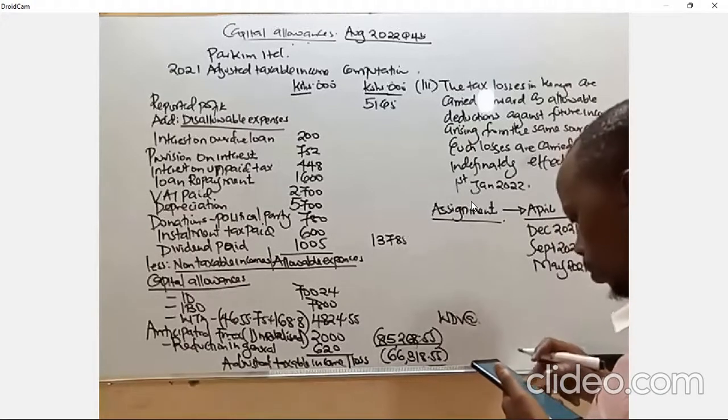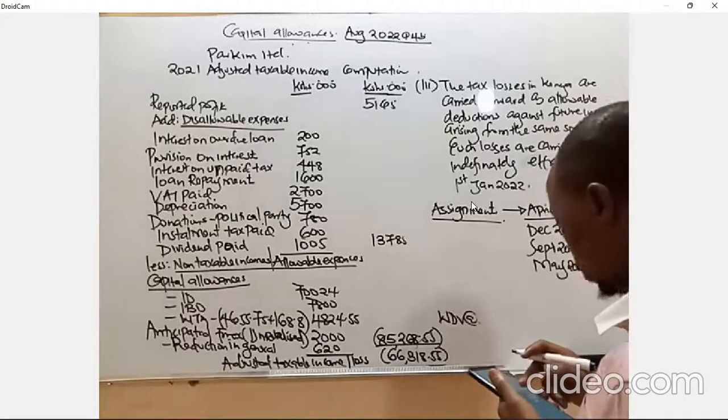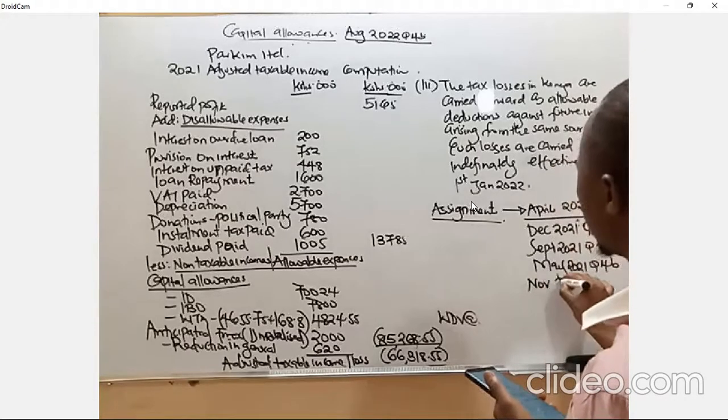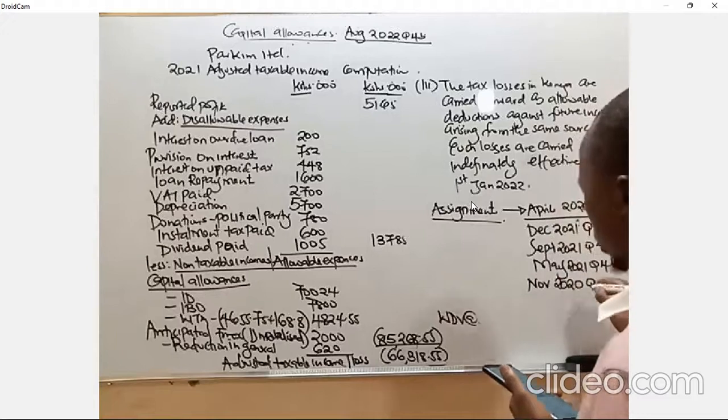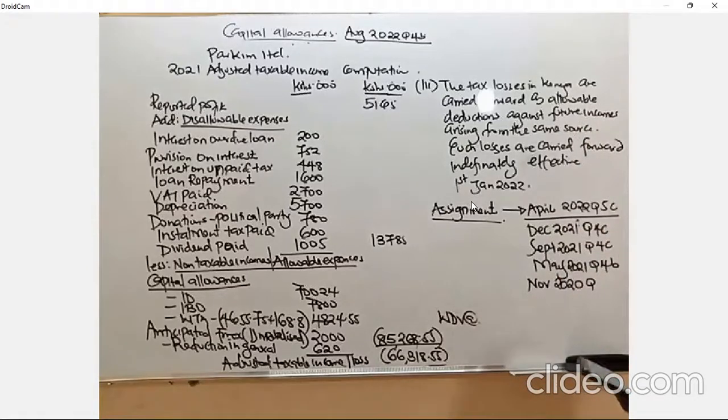It should be November 2020. The November 2020 should be question number 4C. Let us stop there. It should be question number 4C.